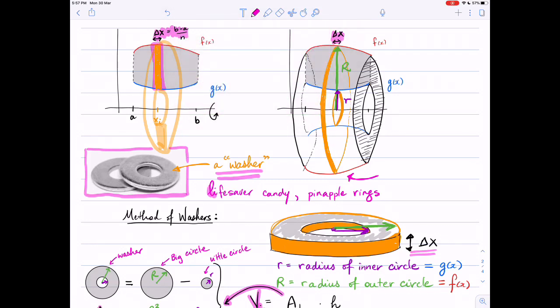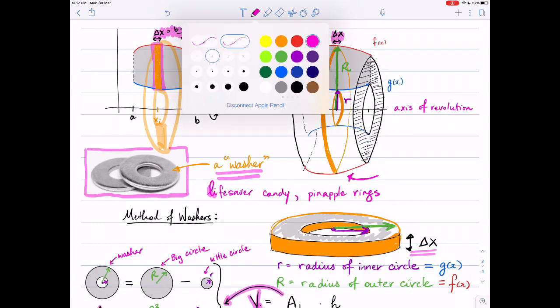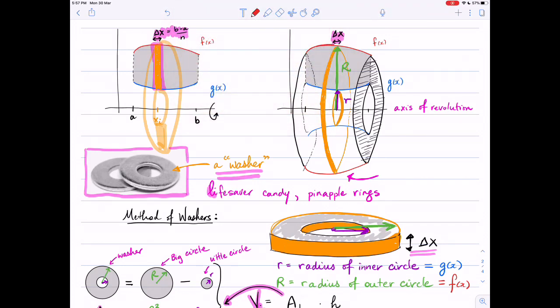Remember, the x-axis that we're spinning around is called the axis of revolution. So our radius goes from the axis of revolution, which is the center of the circle, to the furthest most point, and the furthest most point is on the function f of x. And so our outermost circle, the radius here of our outermost circle, big R, is f of x.